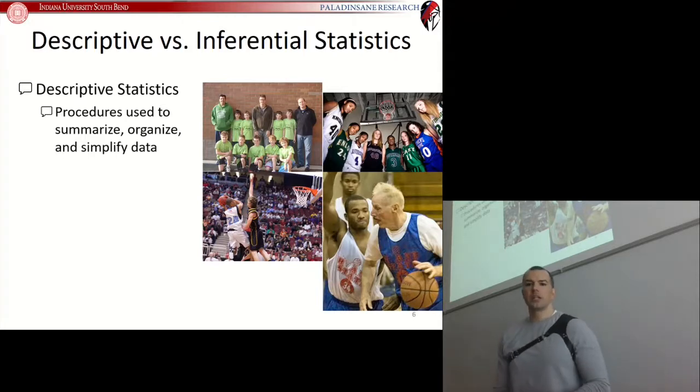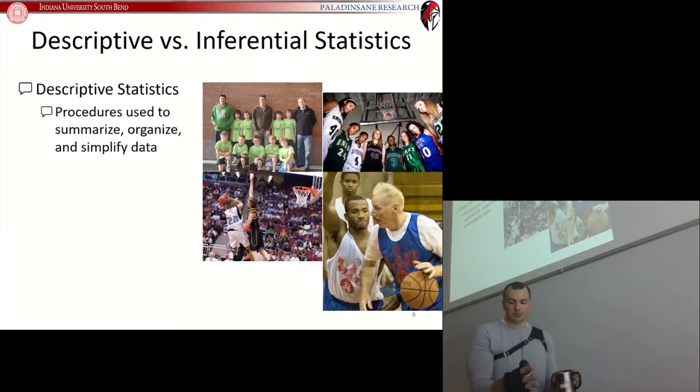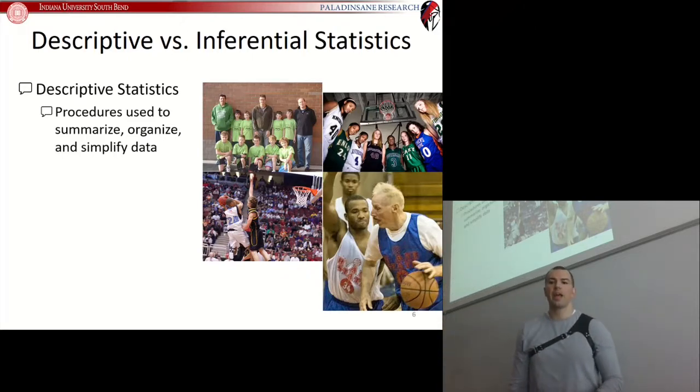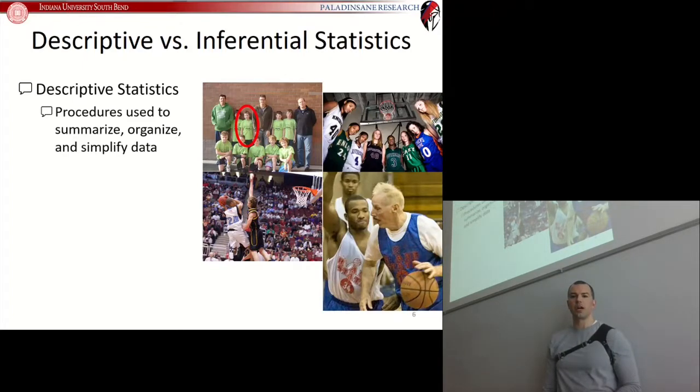So let's say that you were doing a study in sports psychology and you wanted to know the effect that participating in sports has on resistance to mental disorders in a person's life. You might take a look at basketball players, and you could collect data on this particular basketball player, this little child right here.